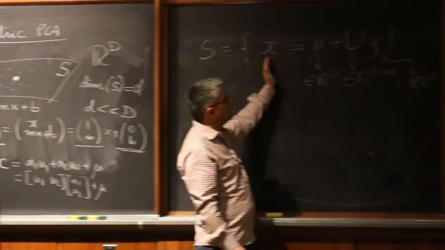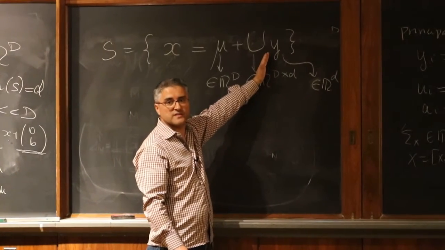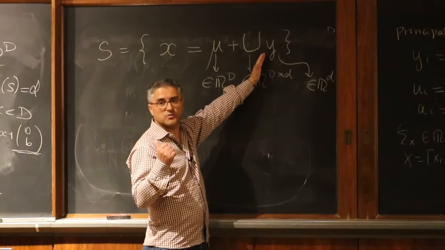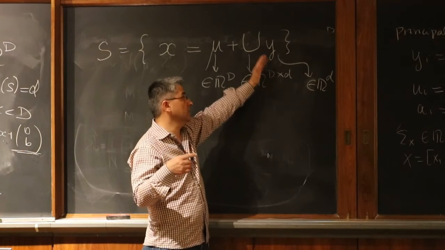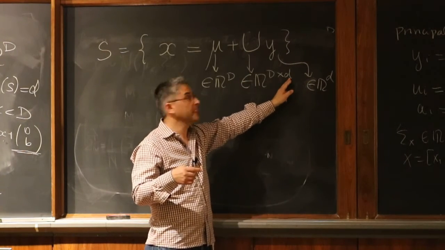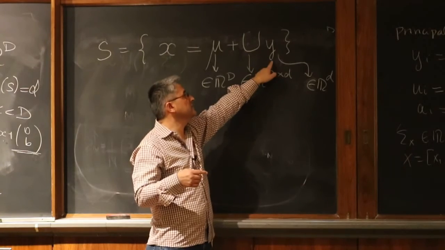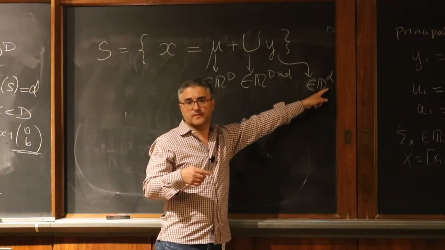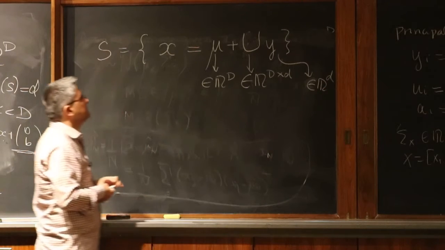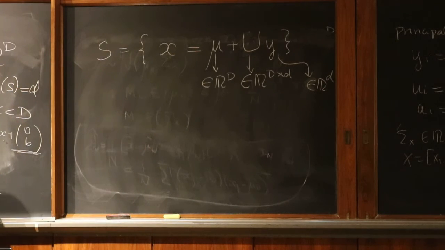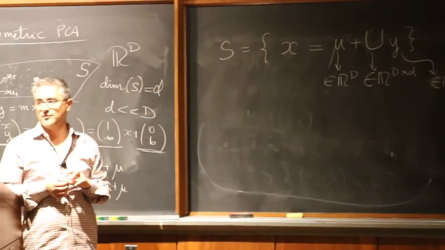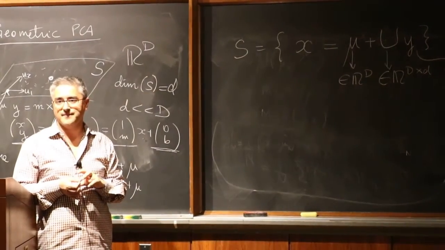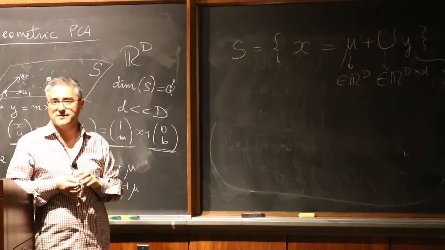Any point in a subspace is equal to a fixed vector plus a matrix that has as many columns as the dimension of the subspace. For the line it was 1, for the plane it is 2. Here I need little d of them. And then this vector y is the independent variables, which are just little d now. Okay? Is that clear? You've probably seen this somewhere before, in linear algebra maybe. That's just the equation of a subspace.